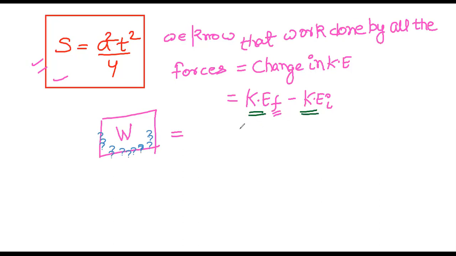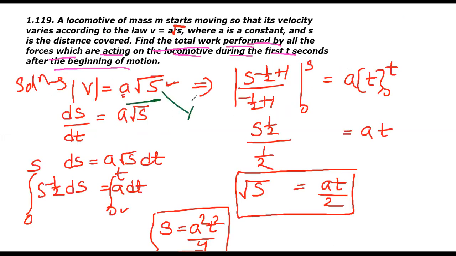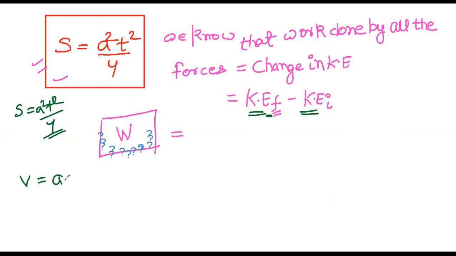We know the distance is a square t square by 4, and we need to find v. From the first equation, v equals a root s.